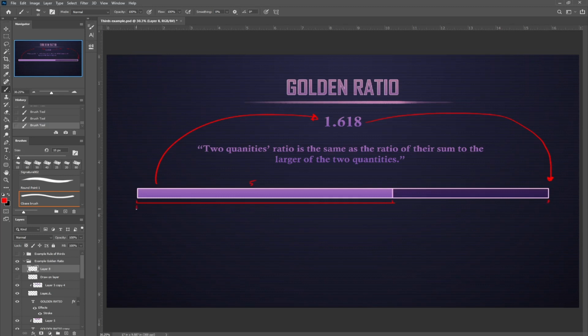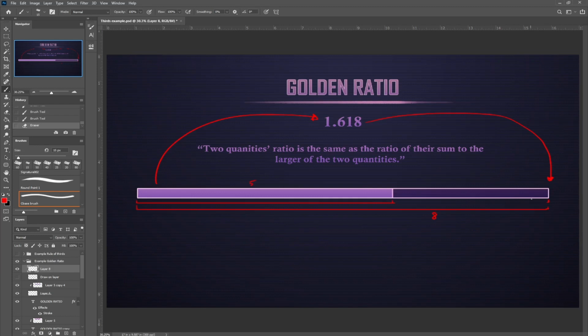And then this whole measurement is about 8. It's more like 8.09, but we'll just say it's 8. About 8. That "about" is important because it's not exact all the time.